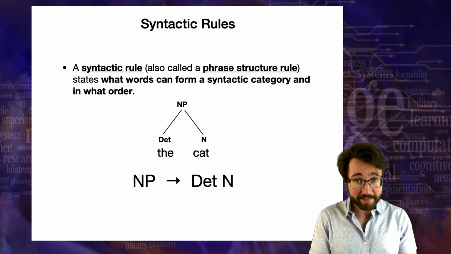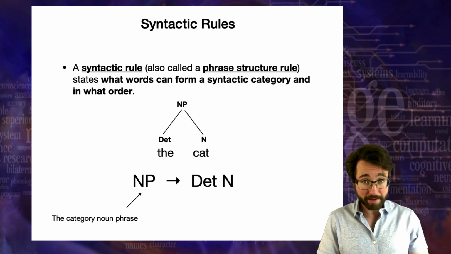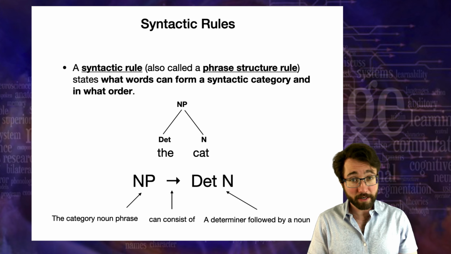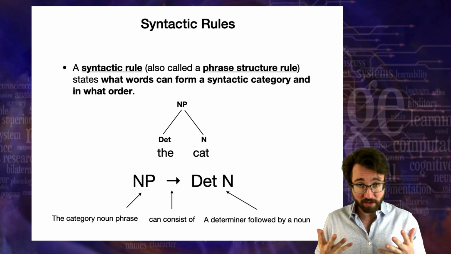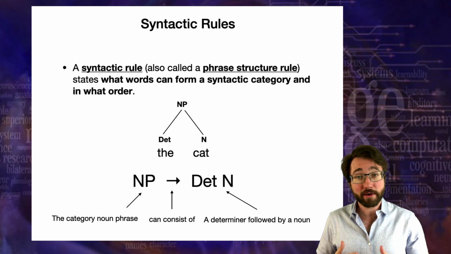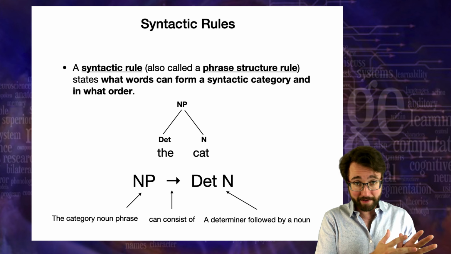And the way you read this is you say, the category noun phrase NP can consist of a determiner followed by a noun. So just as there is a special way to read phonological rules, there's a special way to read syntactic rules, and it's this. We say the category NP can consist of a det followed by an n.